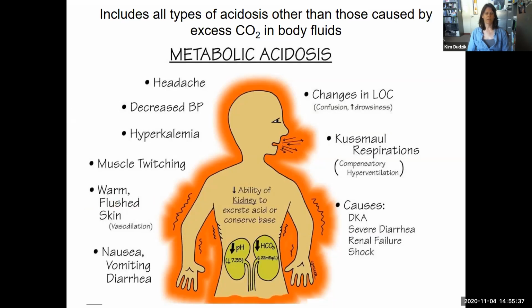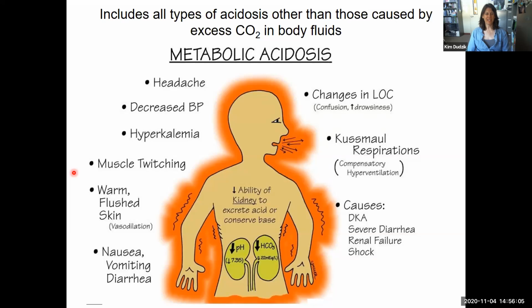Okay, so compensations, again, buffers will end up taking up the extra hydrogen because it's acidosis, so there's extra hydrogen ions. The lungs can end up blowing off additional CO2, which then balances out that carbon dioxide or carbonic acid, right?